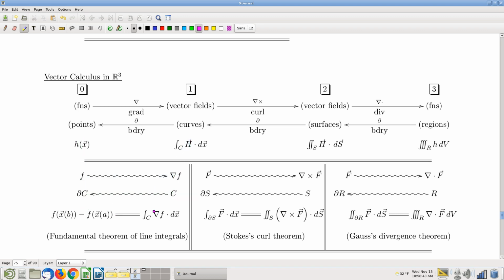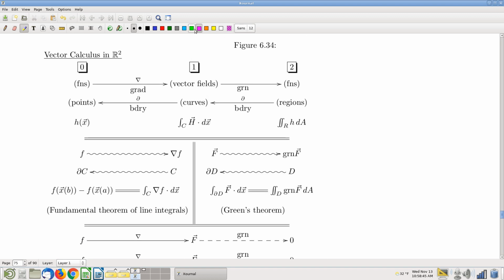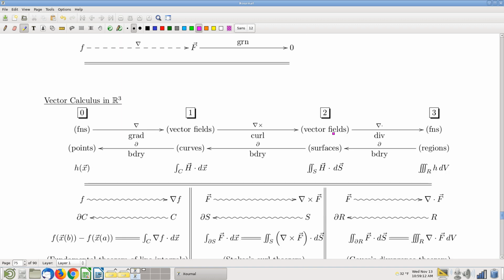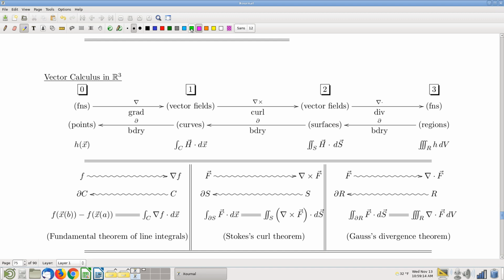Recall with Green's theorem, we looked at a two-dimensional region and did the line integral. We looked at Green's operator of that vector field and did a double integral over the original two-dimensional region. Same thing, so the pattern's identical. And now for Gauss's divergence theorem, we're back in R3.